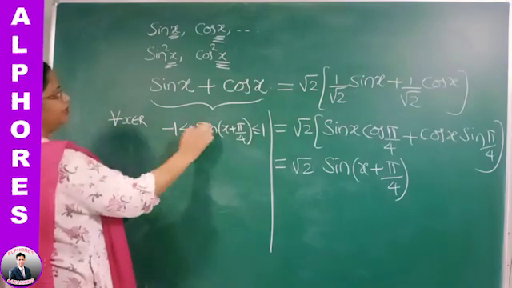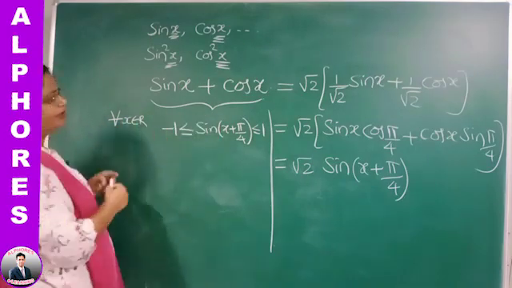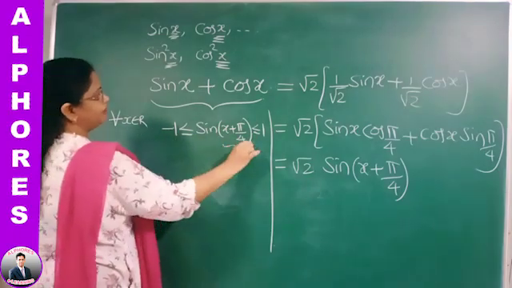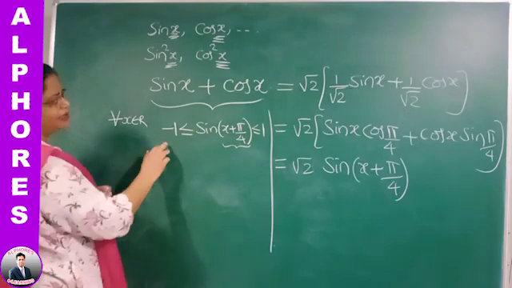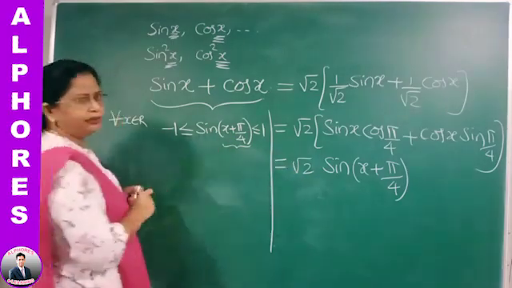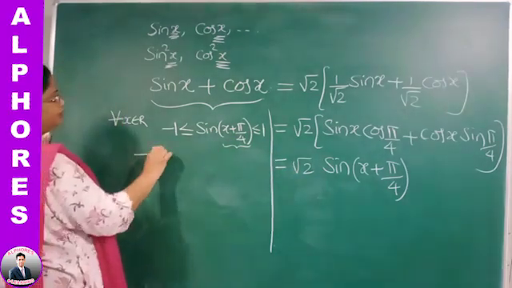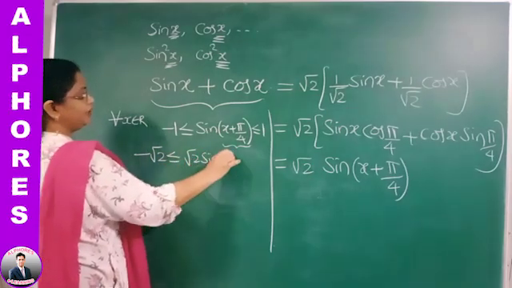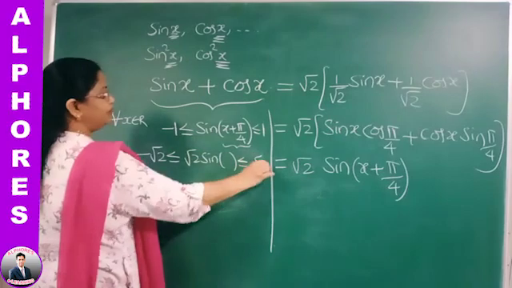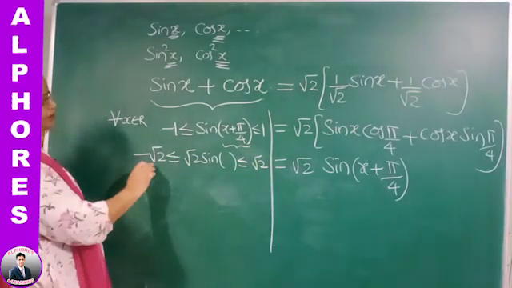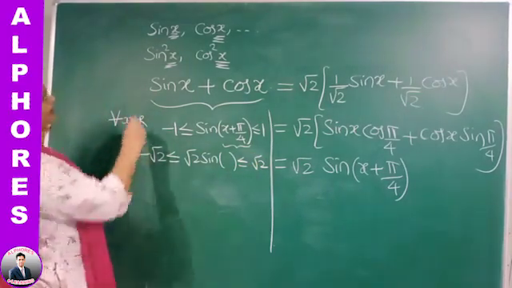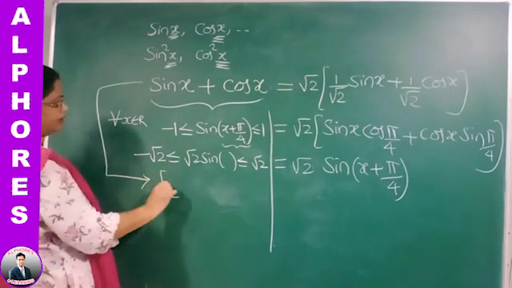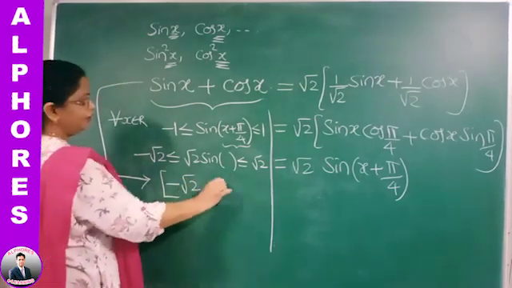But here the domain is real numbers, nothing to worry about. So here it is minus 1 to 1. Next, it is multiplied by root 2. Therefore, it is minus root 2 less than or equal to root 2 times sin of the entire value less than or equal to root 2. So students, what is finally the range of this particular function? It is nothing but minus root 2 comma root 2.